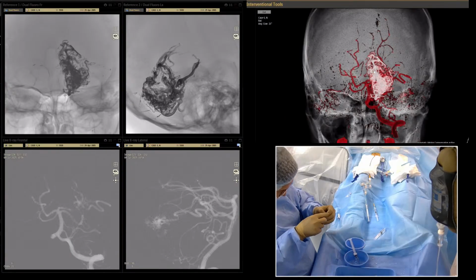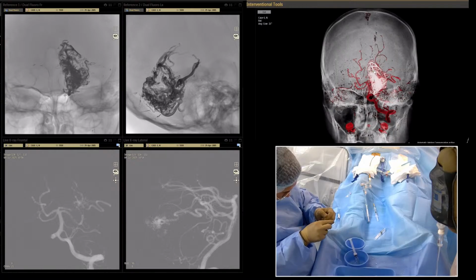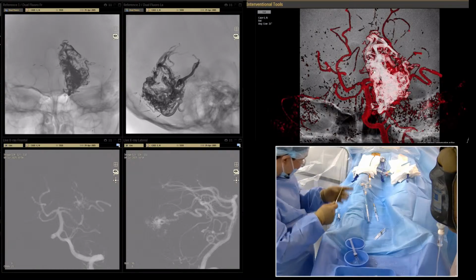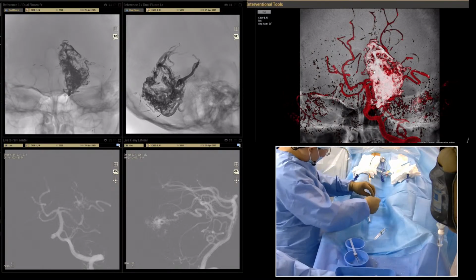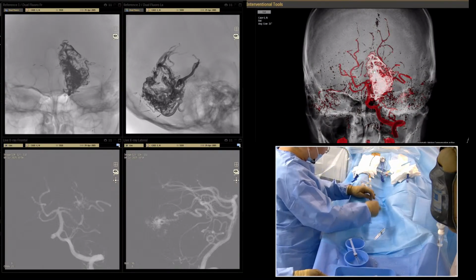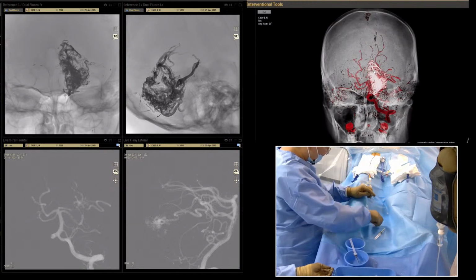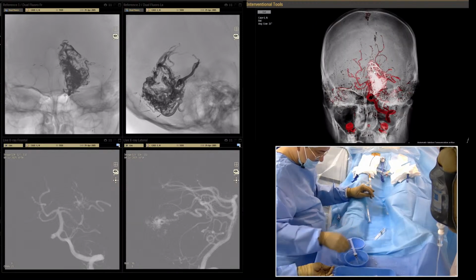Okay, J curve is better, and let's take this line.